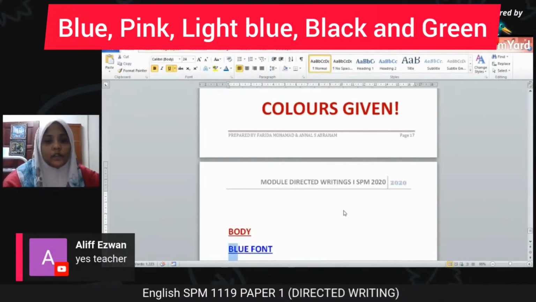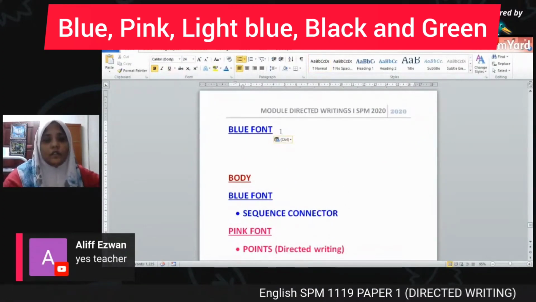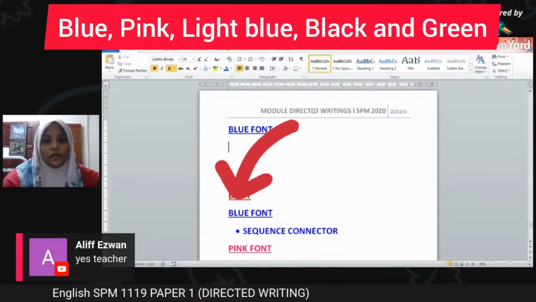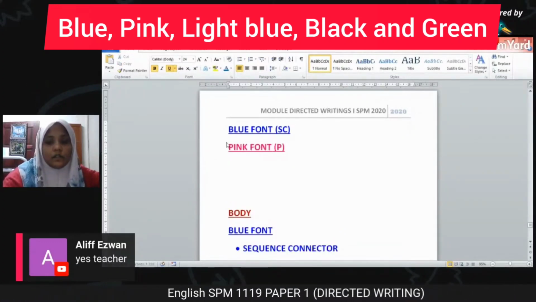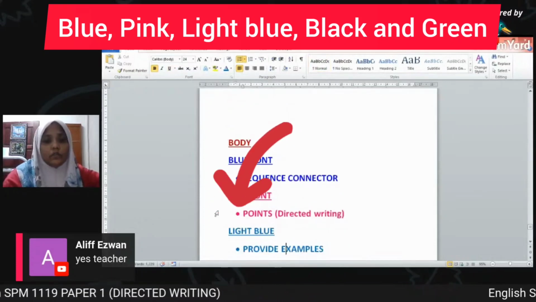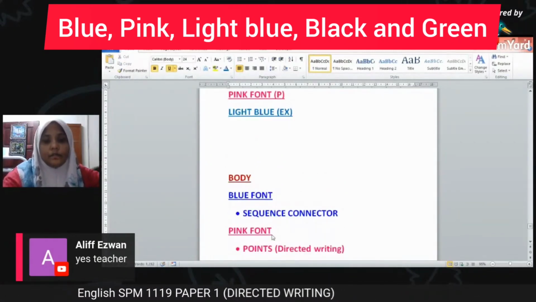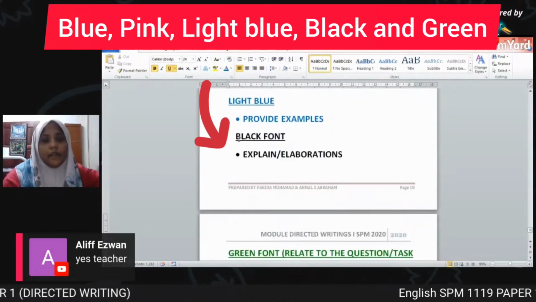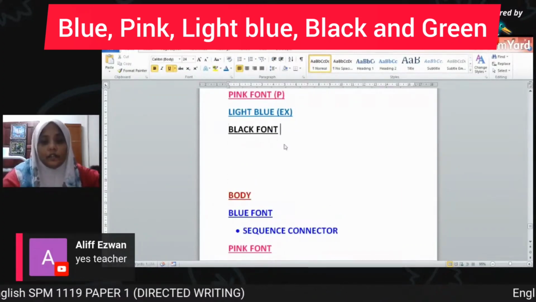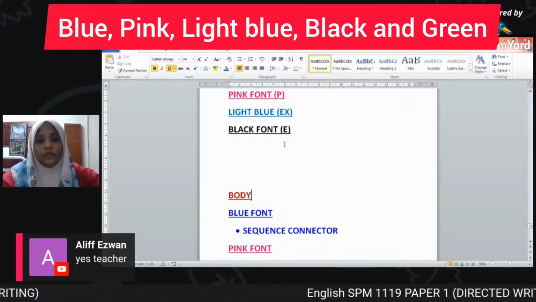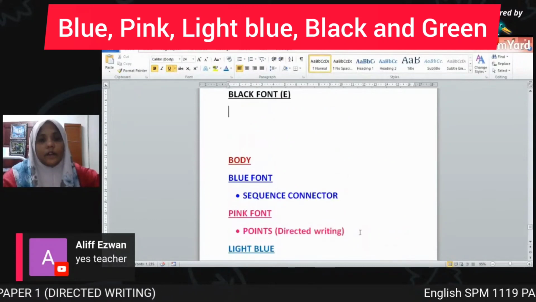Always remember blue first, followed by pink, or the points, followed by light blue, which is example, followed by black, explanation, elaboration, followed by green.